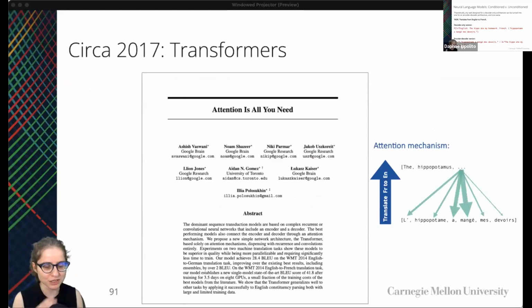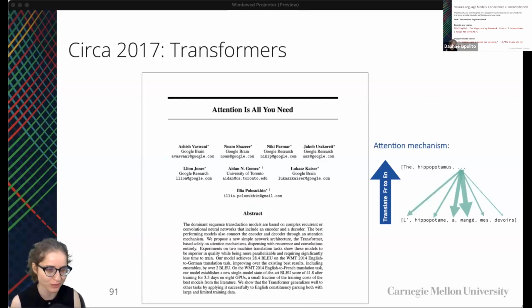And you could use it even within the encoder or within the decoder, to connect the encoder to itself, to have different layers in the encoder where sequences were just paying attention to themselves. And if you did this, you could actually drop the concept of recurrence, not have a recurrent neural network at all, just have attention layers and get a model that worked really, really well. And all modern language models now basically use this transformer architecture.